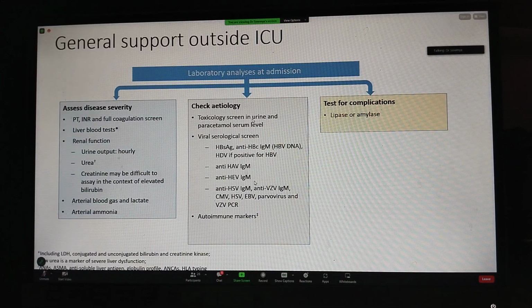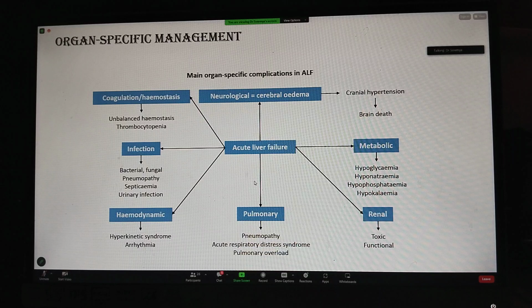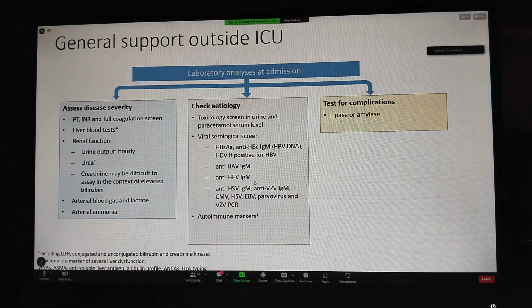So at the initial presentation, any family physician should assess the disease severity by getting a complete liver function test, coagulopathy evaluation, renal functions consisting of urea, creatinine, and hourly urine output monitoring, arterial blood gas analysis, and lactate levels and arterial ammonia to look for early signs of hepatic encephalopathy.